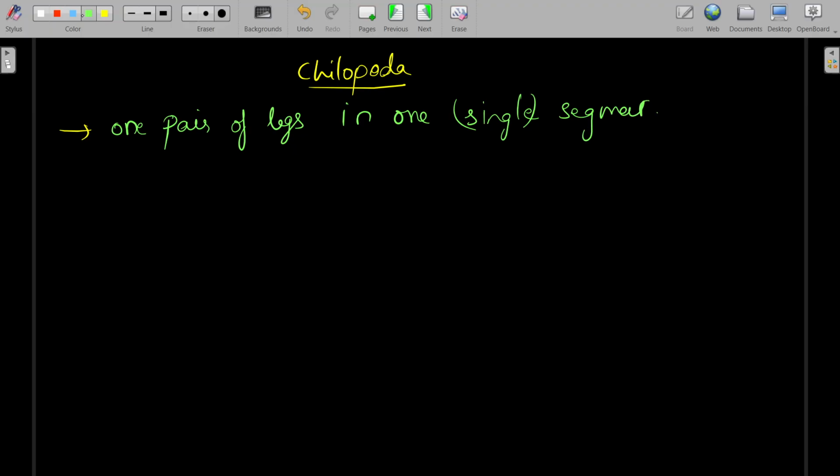So it looks somewhat like this. These are the body segments and you have a single pair of legs. Okay. So the examples are centipede and scolopendra.